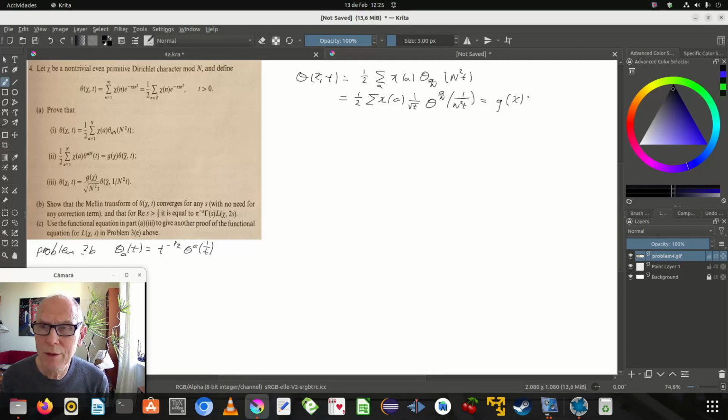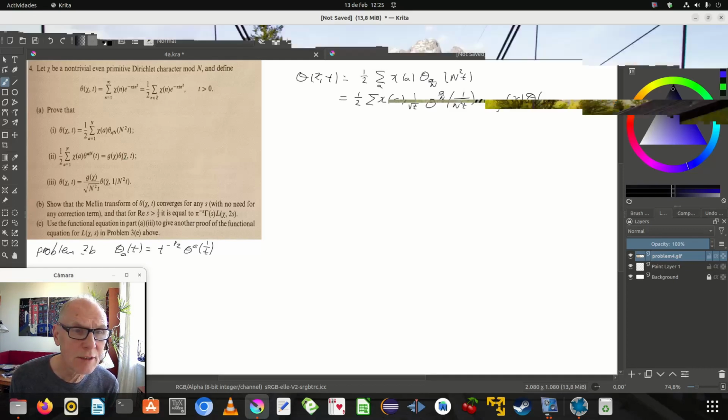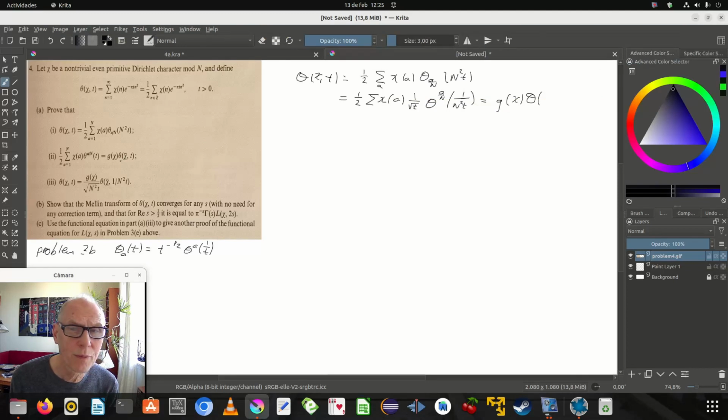And then theta of, missed it here. It's theta of chi bar, point, comma. And then this value.